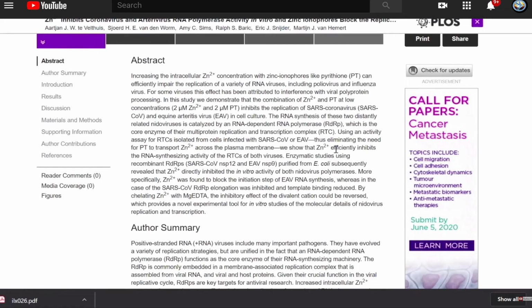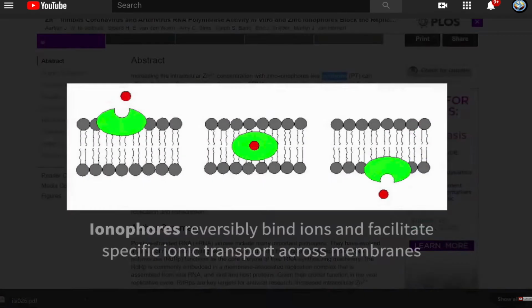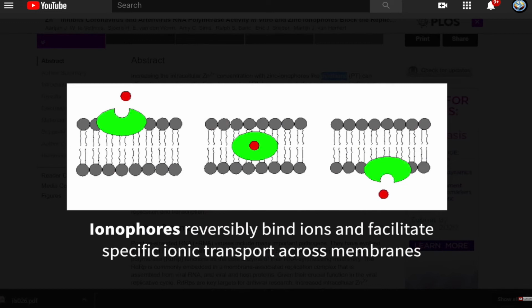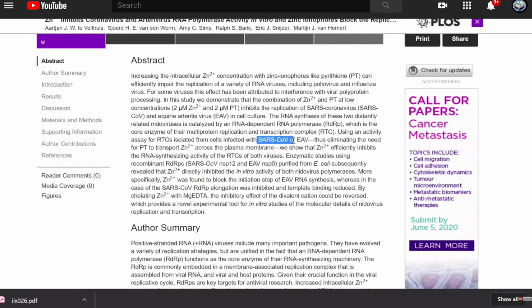It talks about using something called PT, which is a zinc ionophore that allows zinc to come into the cell in higher concentrations. They also used the actual virus SARS-CoV, which is not the COVID-19 virus, but in fact the one that was seen in 2002, but is very closely related to the virus that we're seeing today, and also binds to the same receptor, ACE2.